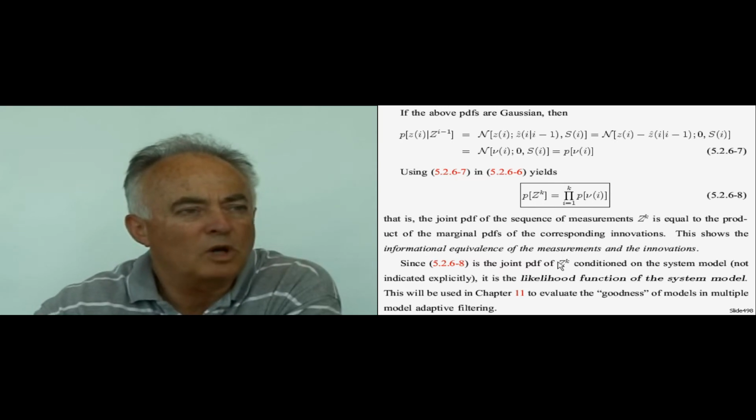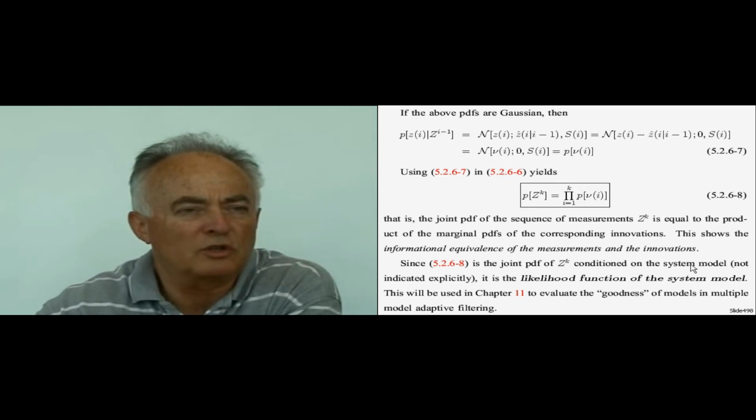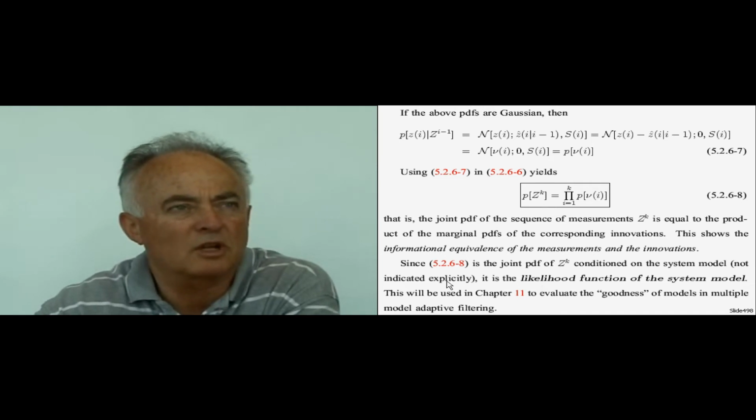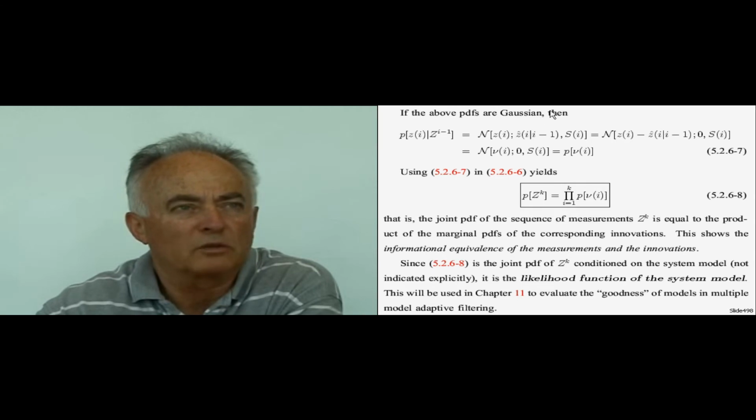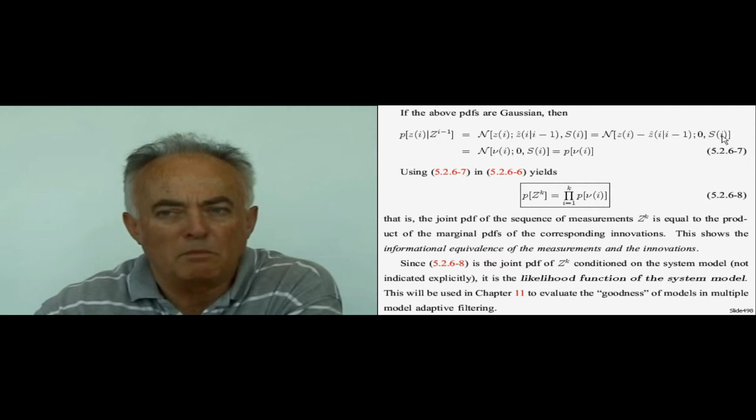Now, but what did we really write here? We wrote a joint PDF of the set of available measurements conditioned on the system model itself, not indicated explicitly. But if you look at what we have here, this z hat i given i minus 1 comes out from a filter. S_i comes out from a filter. That filter is based on the model: dynamic model, measurement model, and noise model.